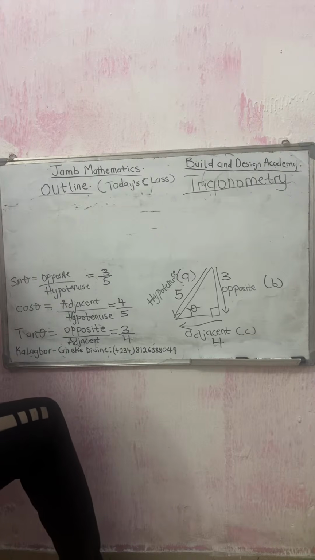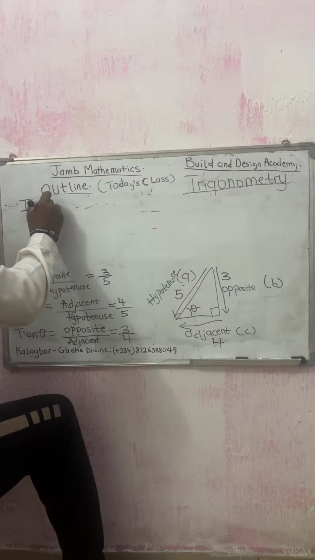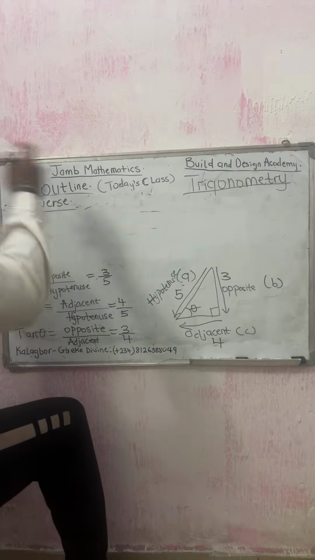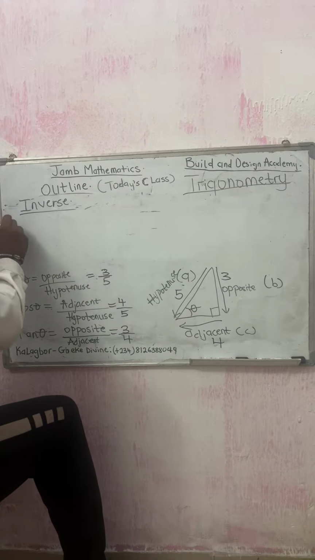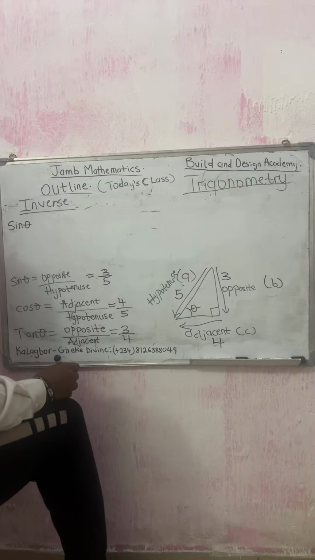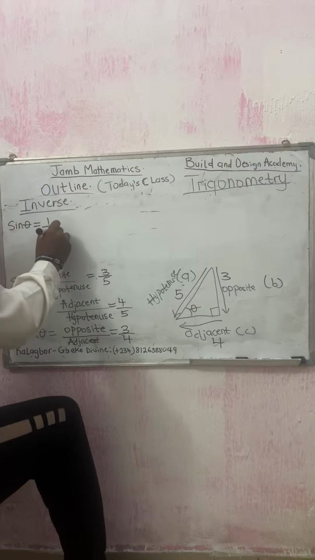Now when we talk about inverse, we are simply saying like the reverse or the opposite of this. So for sine theta, the inverse will be what? 1 over sine theta.